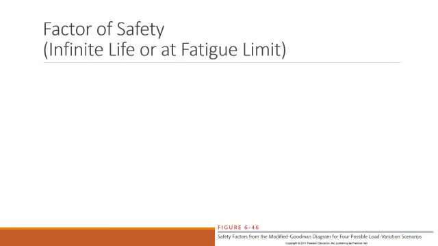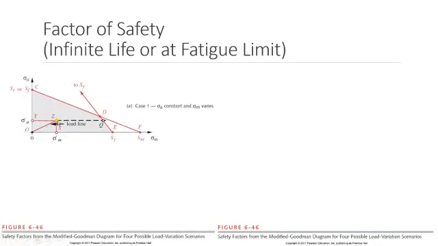So how do I find a factor of safety? Again, I'm going to start by considering what's happening at infinite life, or at the fatigue limit. This is the modified Goodman line, and we're given some stress state where there's a mean stress and an alternating stress at this location here. The question we have to ask ourselves is, when extra weight or extra stress happens, what does it look like?